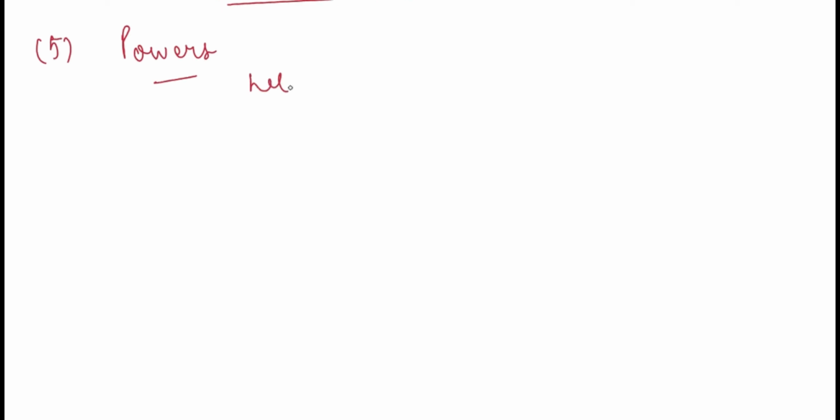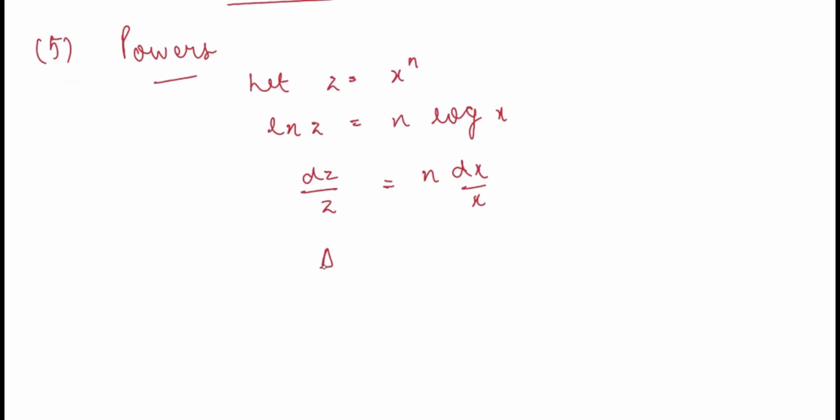Suppose we have z equals x to the power n, where n can be a whole number or any real number. Taking logarithms on both sides, we get log z equals n into log x. When we differentiate it, we get dz by z equals n times dx by x.